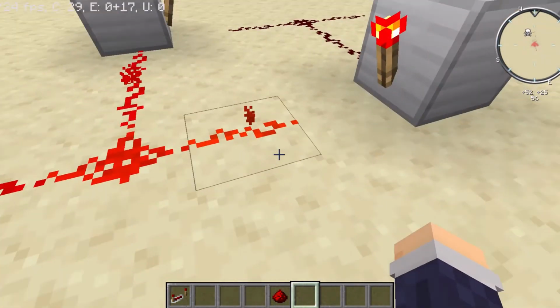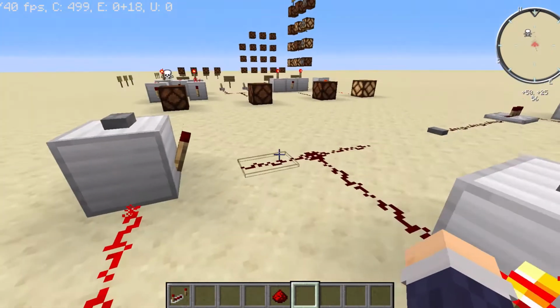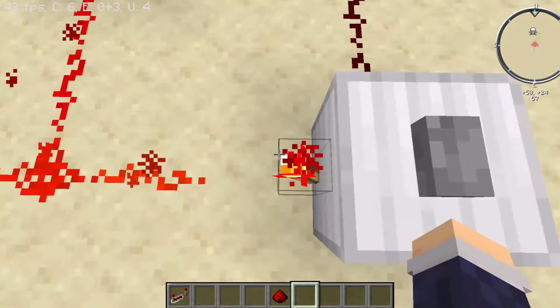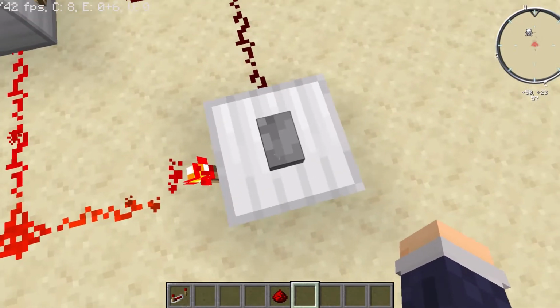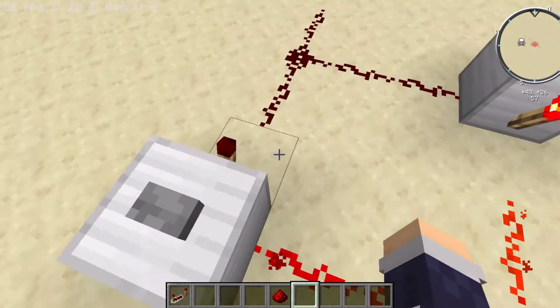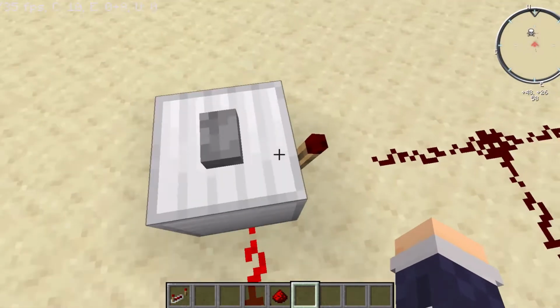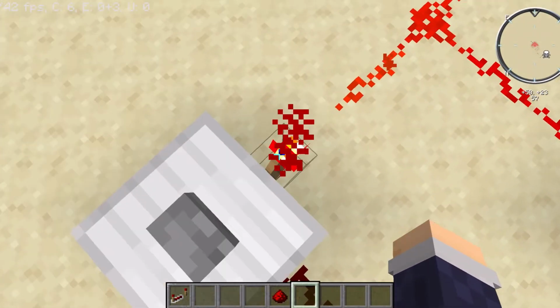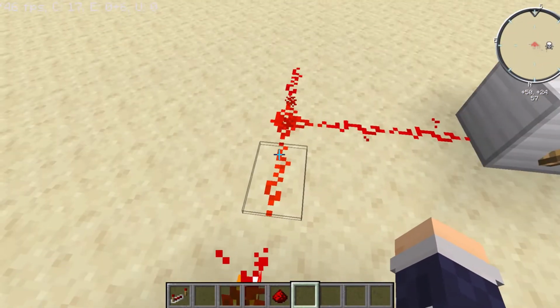Now how does this work? Well, it also runs into the other gate. So if you push this one, here it's already powered, so nothing will happen. But this one, because it's inverted, isn't powered, so it doesn't power this redstone torch, which makes it glow.